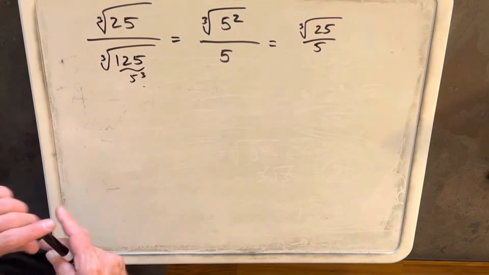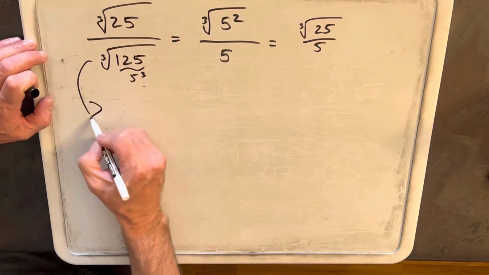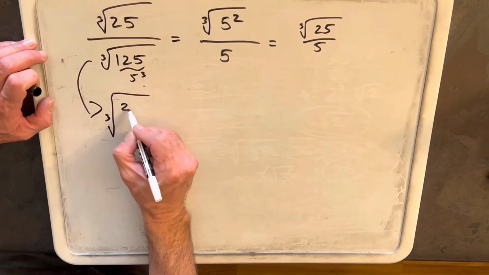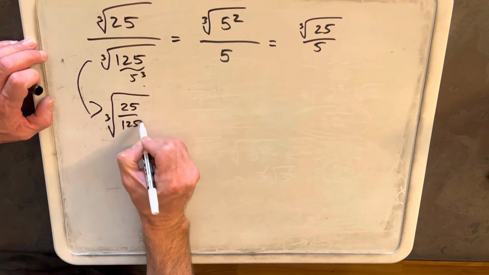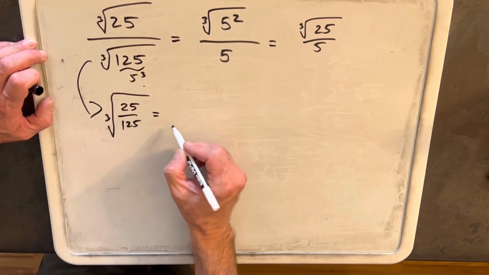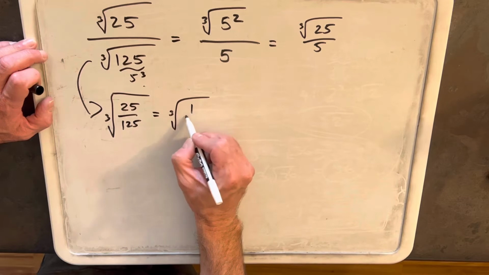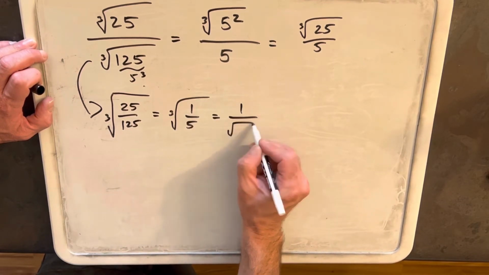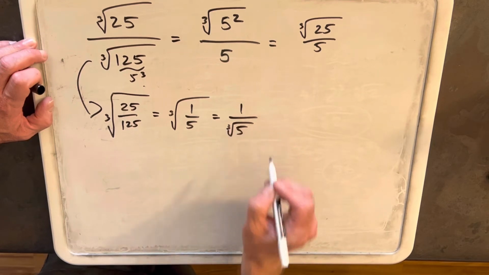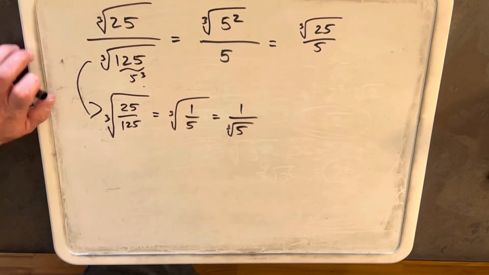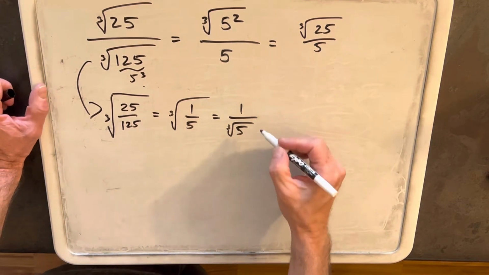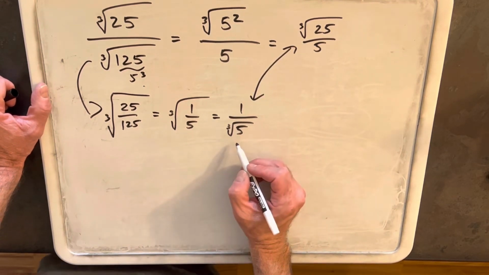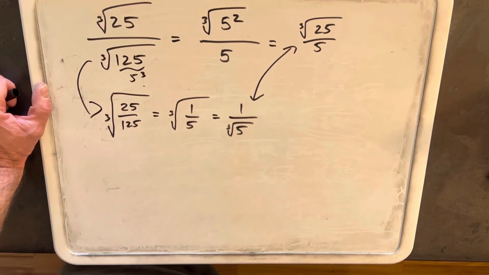What I was thinking as a different approach is we could take this, put it under 1 cube sign like this, and then reduce the fraction. This is actually 1/5, and then we could write that like this. So then you notice, okay, we have a different answer, right? But to simplify, we really don't want a radical in the denominator if we can help it.